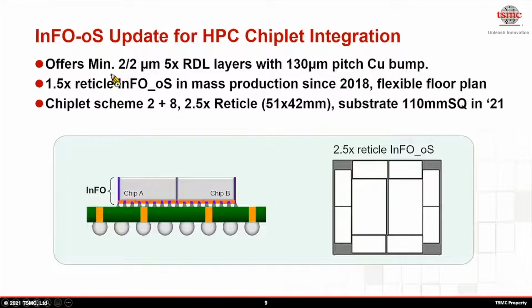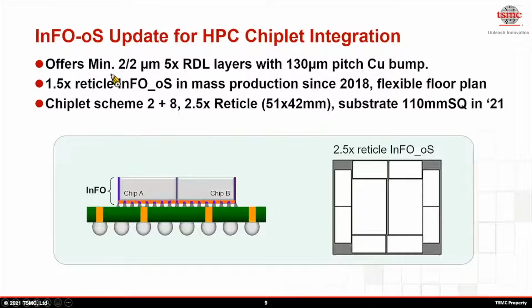We started mass production for InFO at the size of 1.5 times of reticle since 2018. And in between, we also qualified a 1.7 times reticle version in the later part of last year.